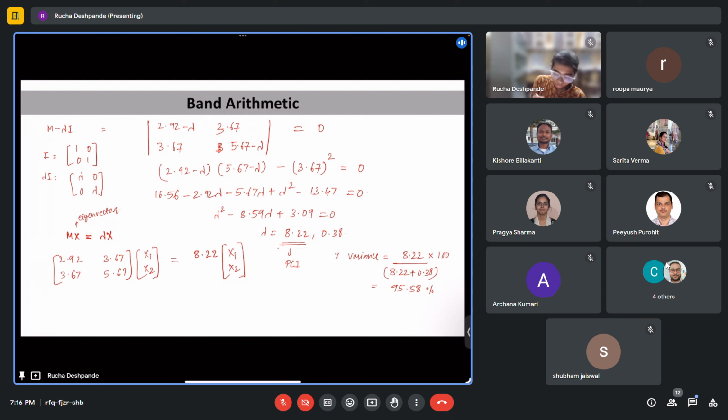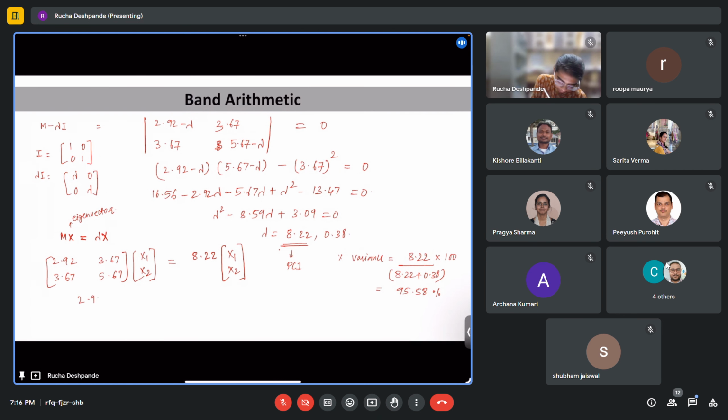So we'll solve both sides. We have 2.92 x1 plus 3.67 times x2 equals 8.22 x1. So we will equate here.